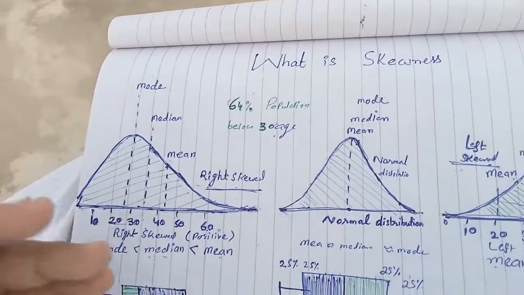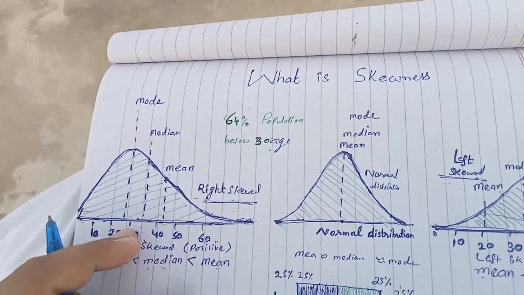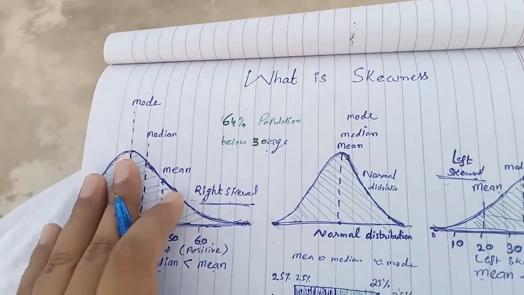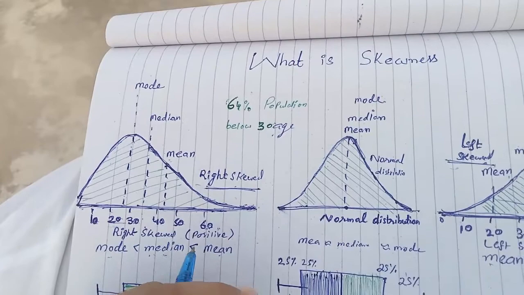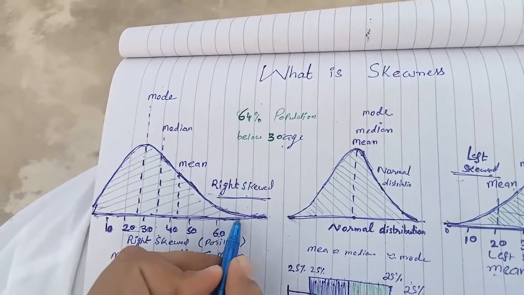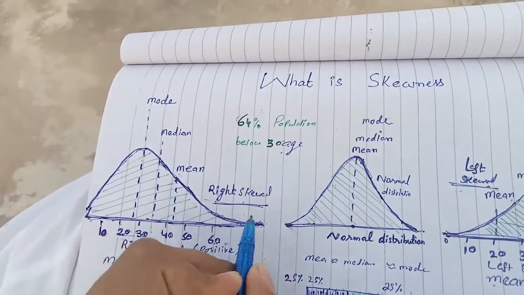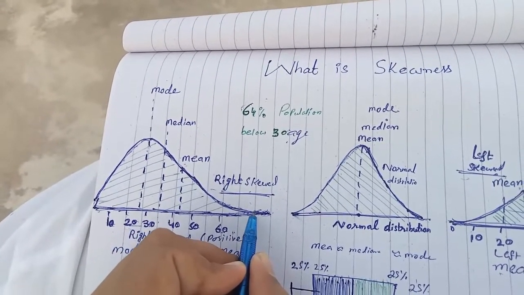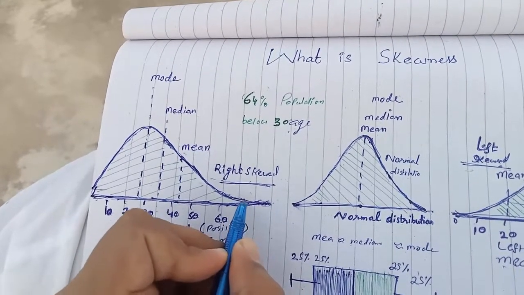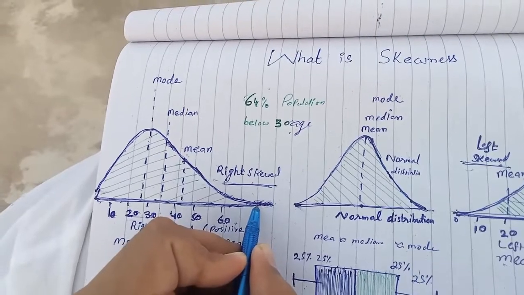If we talk about another example of a right skew, right? Let's suppose this distribution also represents the wealth distribution. Wealth distribution means, right, here in this tail, those persons are the richest persons, like Bill Gates and Elon Musk. These people lie here.